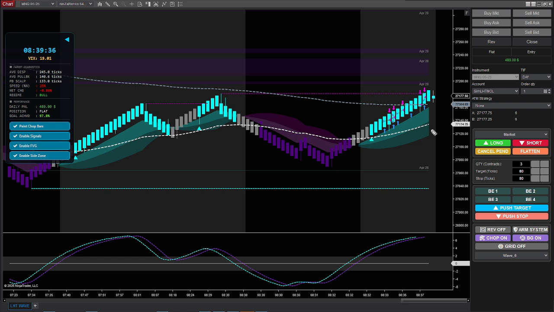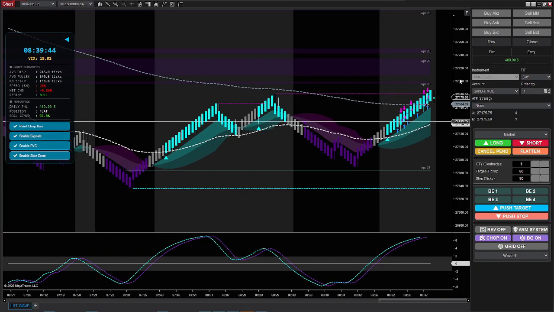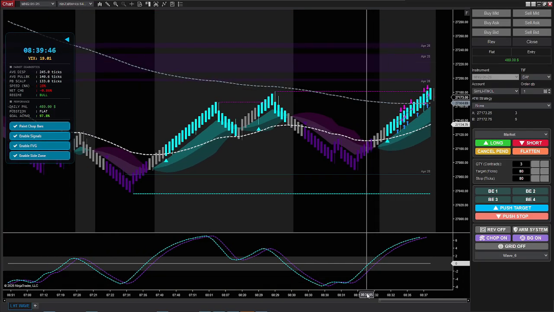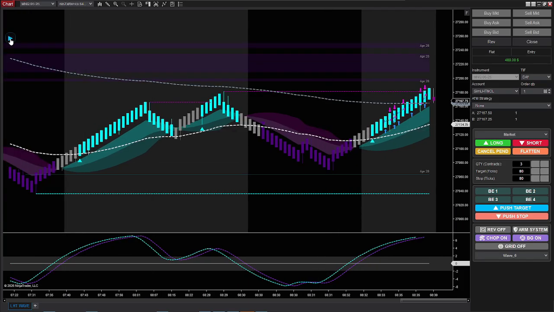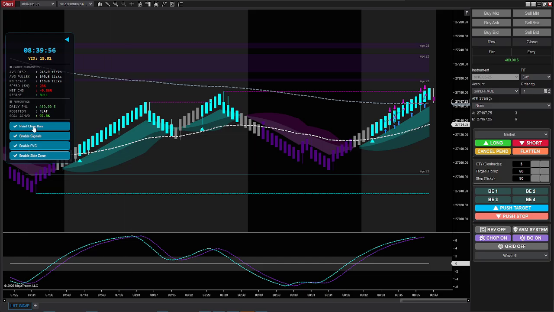Sometimes I refer to pullbacks, sometimes to these wicks that touch, retest, and then move on. Let's let the market show us the way. Here we have a graphical interface where we can manage filters, activating or deactivating them.